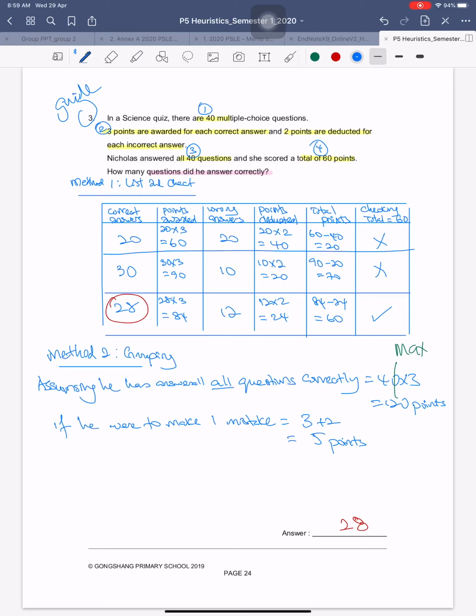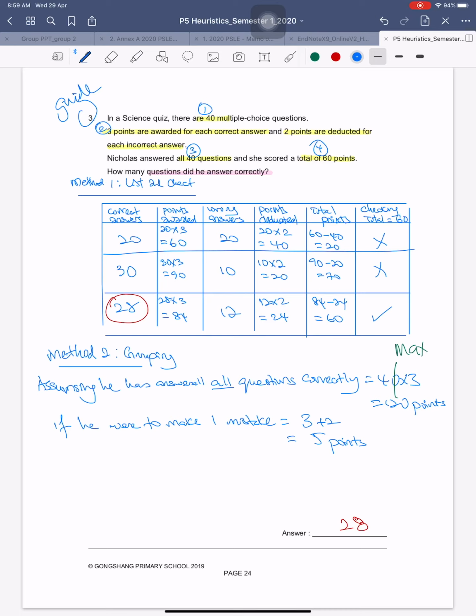Okay, now this is the part that I want you to understand. If he would make one mistake, take for example question number 1. By right, if he gets question number 1 correct, he will get 3 points. However, if he gets question 1 wrong, number 1, he will not get that 3 points. Number 2, he will get 2 points deducted from his total. So as a result, he actually will lose 3 plus 2, 5 points in total.